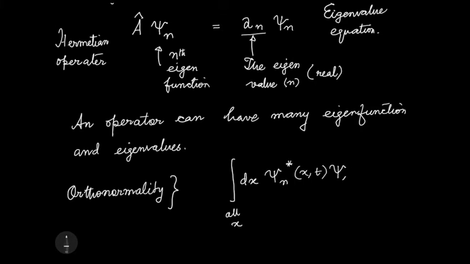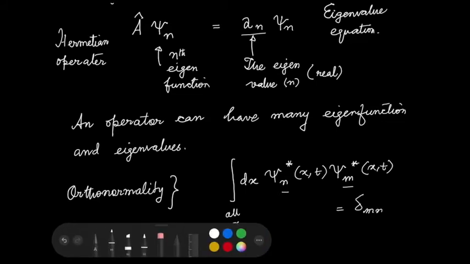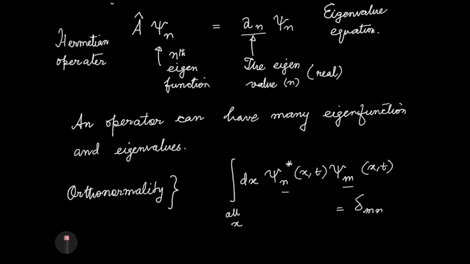So this is a property of the eigenvalues. So when I write eigenvalues, I write these suffixes. So it tells you that it's the nth or the mth eigenvalue. Now this is equal to delta mn. I'm sorry, I should not have star in both of them.